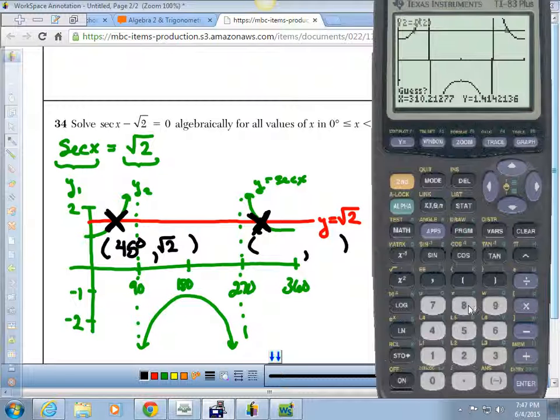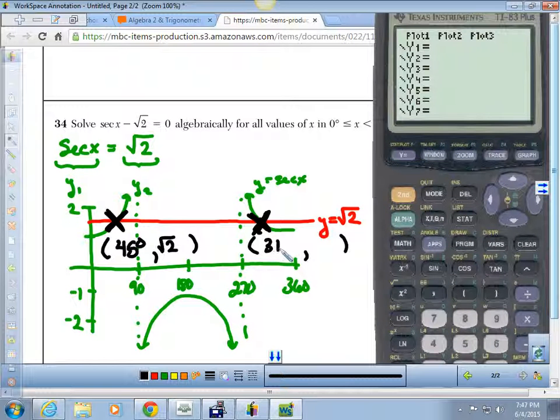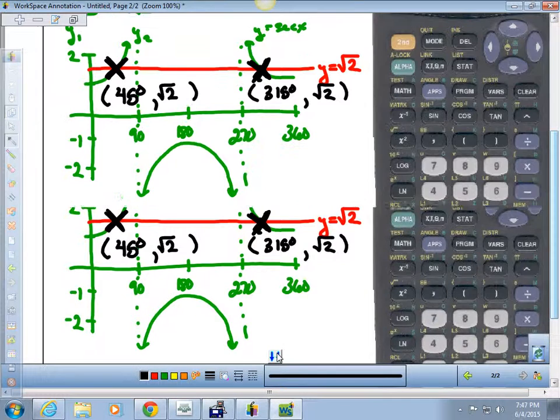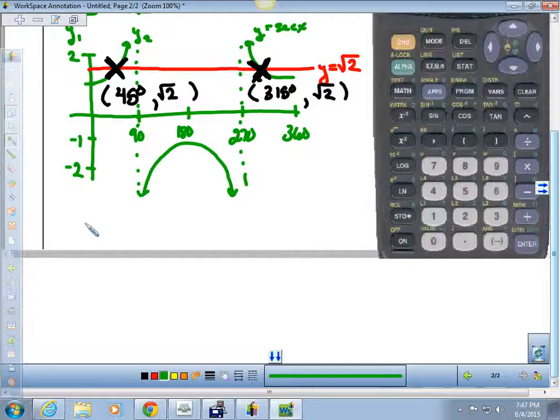We find out they also intersect at 315 degrees and radical 2. Okay, so now I'm going to summarize it up. X equals 45 degrees and 315 degrees.